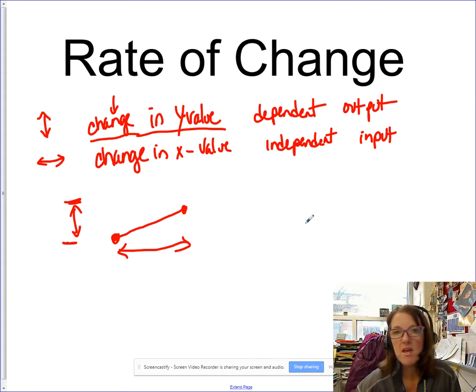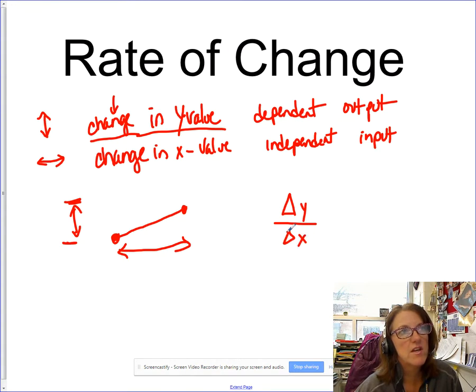So, as many good mathematicians do, we find a way to shorten that up. The way that stuck for me is using the Greek letter delta, which basically looks like a triangle. In math, that symbol either represents a triangle, or in this case, it stands for the change in. So the change in the Y value over the change in the X value. You're going to make this ratio, and we're going to analyze and look at that value.